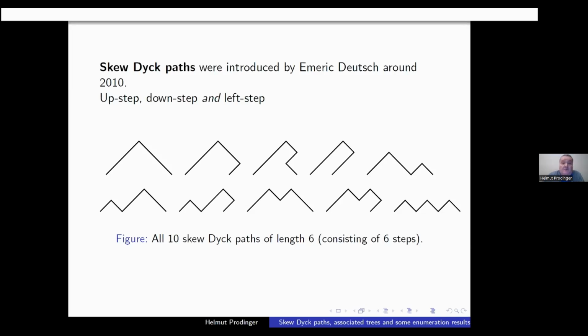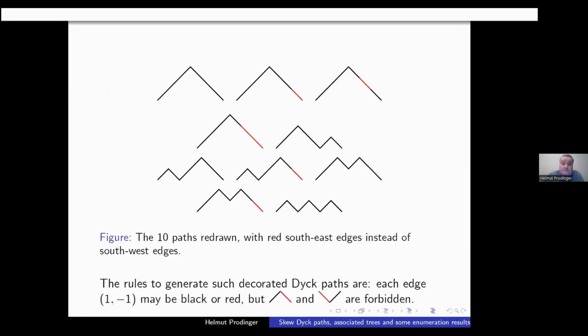Now, what I prefer instead of doing these left steps is to draw, instead of this southwest step, a southeast step. But to make sure what it is, I prefer the red color. So now we have things that look like Dyck paths, but occasionally with red down steps.